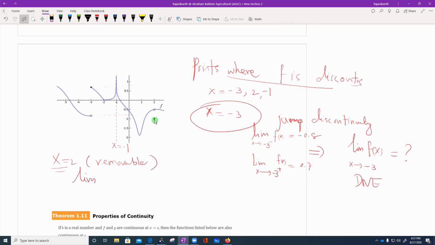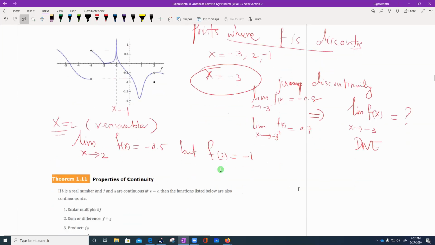Okay. So the limit as x goes to 2 of f(x) now exists, which is simply the y value of this hole, which is -0.5, right? But the function evaluated at 2 is what? What is the function value? That is the dot value, which is -1.